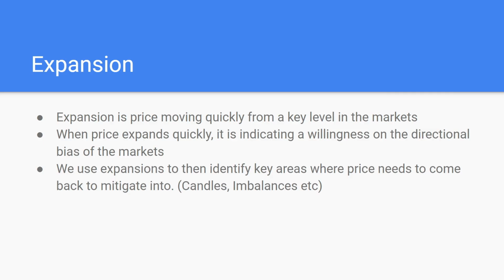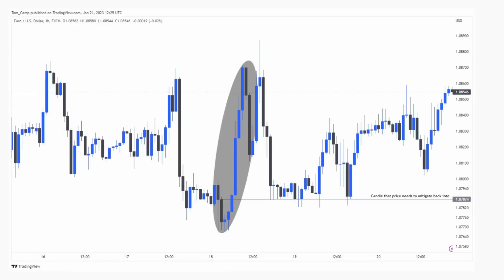Effectively, when price expands to the upside or the downside, it leaves orders in drawdown, which can be identified as our key areas. Price moving quickly to the upside is what indicates expansion, giving us the idea that it wants to move in a certain direction. And when it comes back to mitigate into those areas, that's what we're looking for price to do.